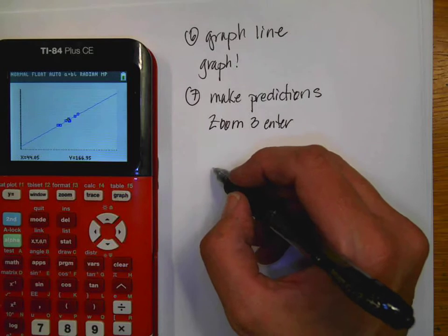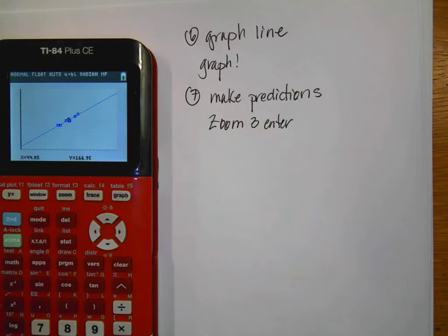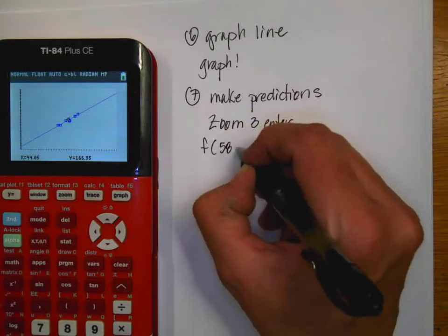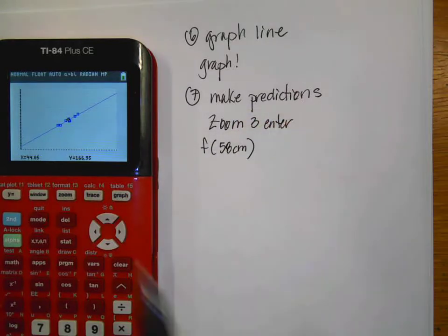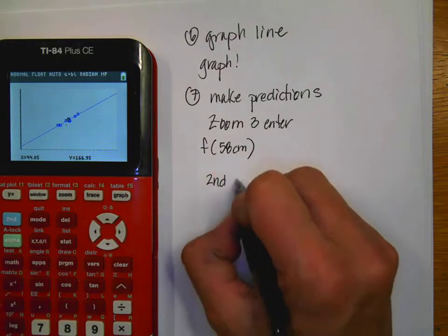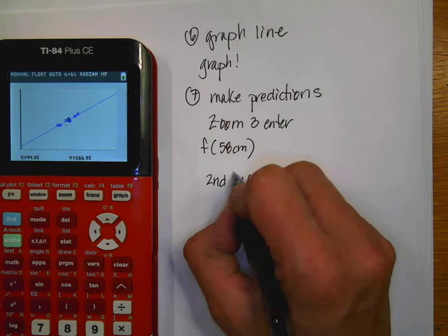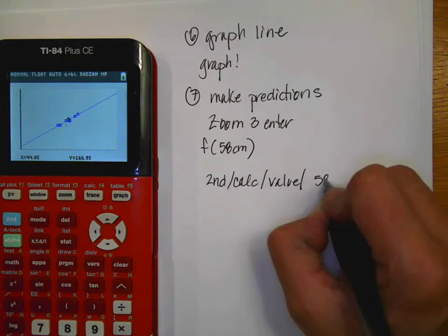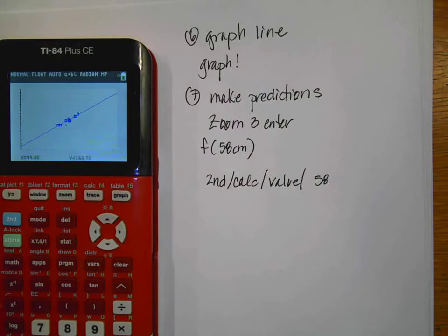So now as I make predictions, what did they say they wanted us to do? They wanted us to predict, I don't remember. Let me look back and see. Predict the height of somebody who's 58 centimeters. So I want to do F of 58 centimeters. This is already in, so I'm going to do second, calculate, value, and I'm going to enter that 58.